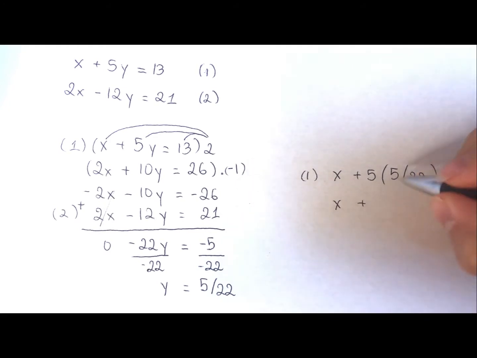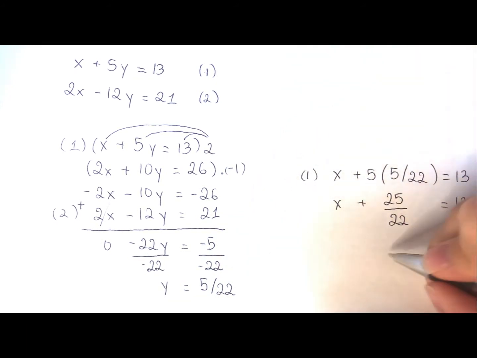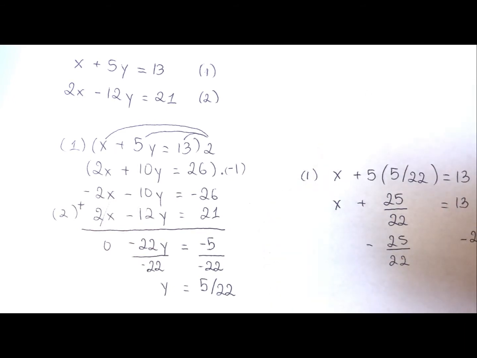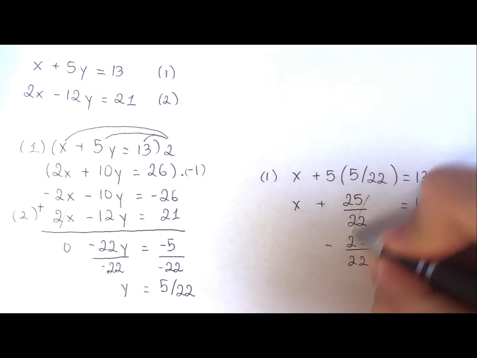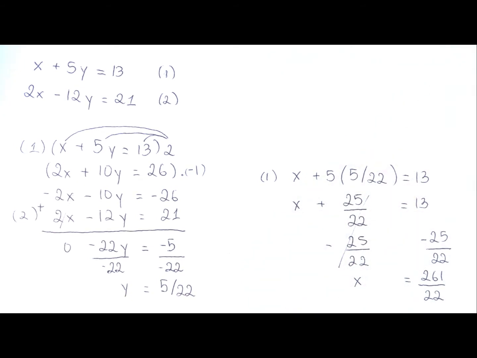Then I'll multiply 5 by 5 over 22, which is 25 over 22, equals 13. So to find my x, I'll subtract 25 over 22 on both sides, and this cancels out, and my x is equal to 261 over 22.